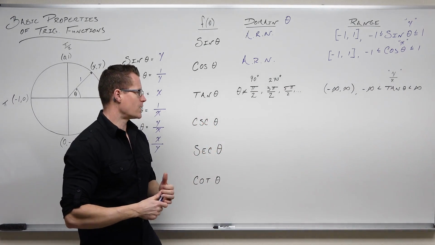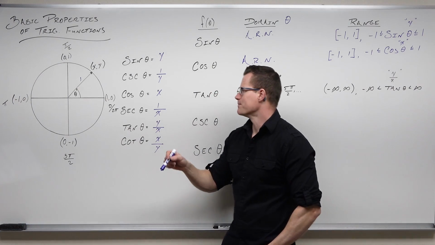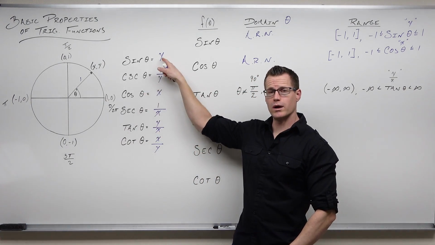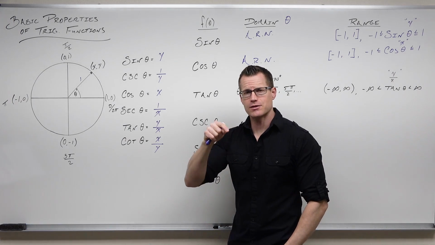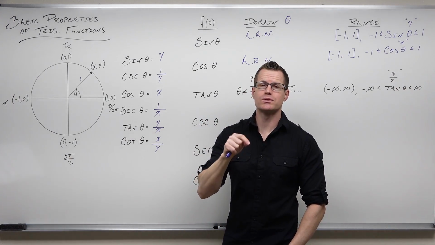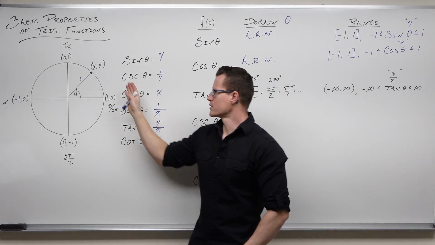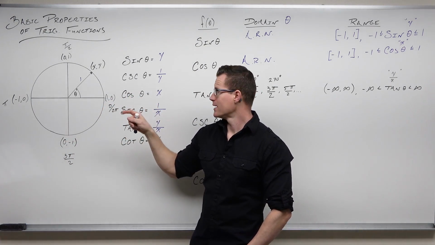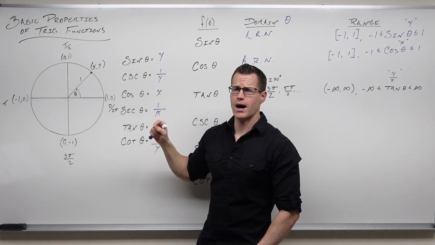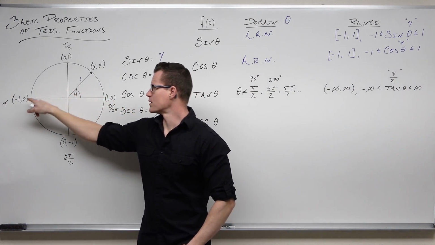I want you to think about cosecant. So cosecant of theta says what you're going to do is you can take 1 over y. Well, wait a minute. This is going to have problems if we allow some angles that let y equal 0. So all we've got to do is look at our unit circle and realize that if sine gives us y and cosecant is 1 over that y, then where y equals 0, we have issues.